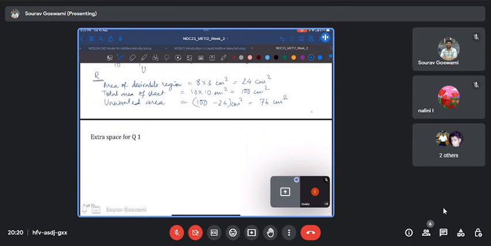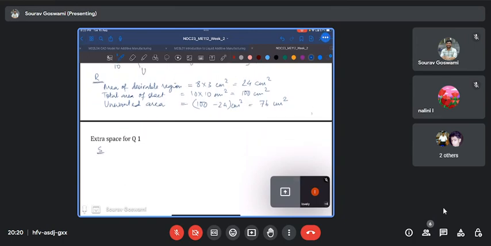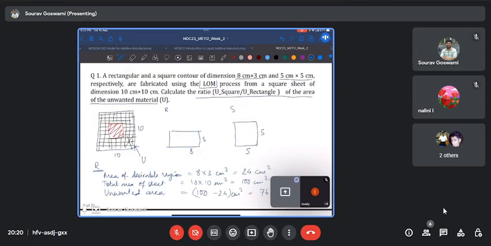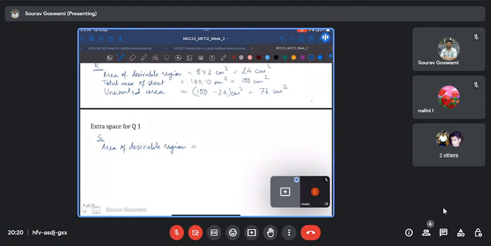Similarly, when we are calculating for the square contour, first we find the area of the desirable region. So it has dimensions of 5 cross 5, which is 25 centimeters square.